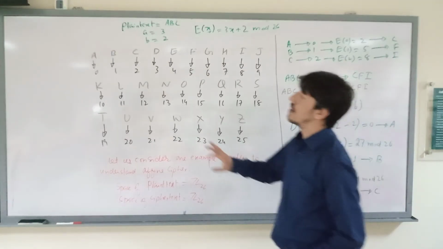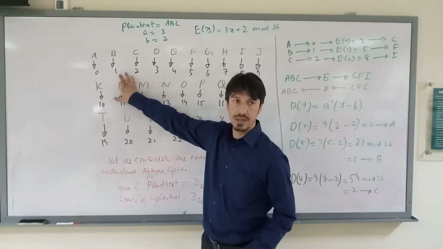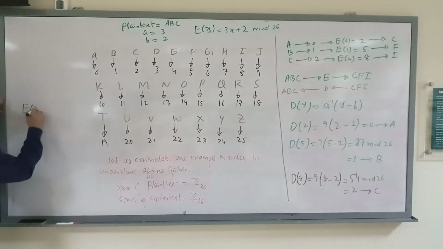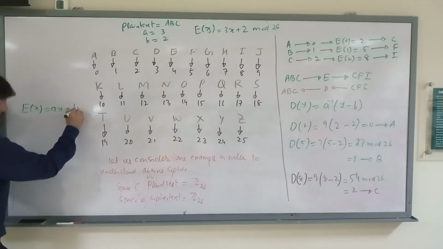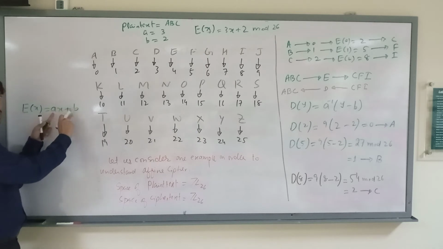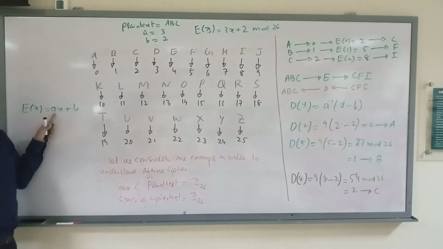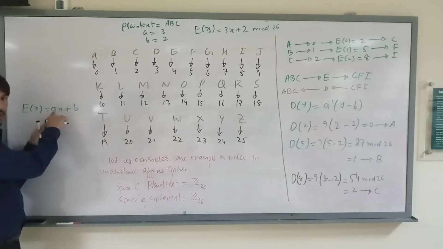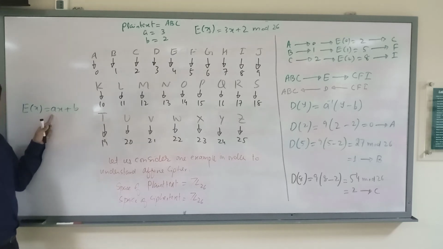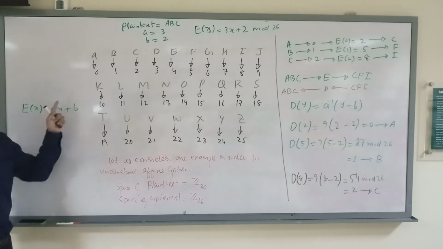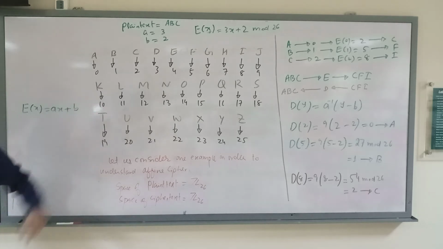If you fix A in AX plus B, you have to change B. How many ciphers can you create? 25. If you fix 3 and then change B to 1, then 2, 3, how many ciphers can you create? 25.